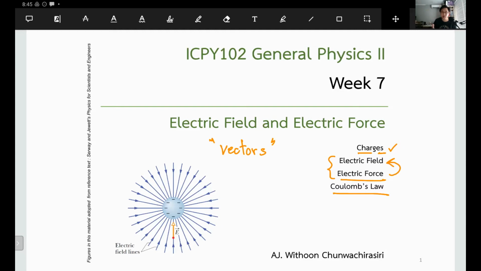When I say again, I mean you have done this in forces. When you do Newton's law, you have to do components of forces and all that. It seems like it's been a while because we did thermodynamics and other stuff and didn't have many vectors. Now we come back to this, and we're going to need it. So the whole topic today is vector manipulation.